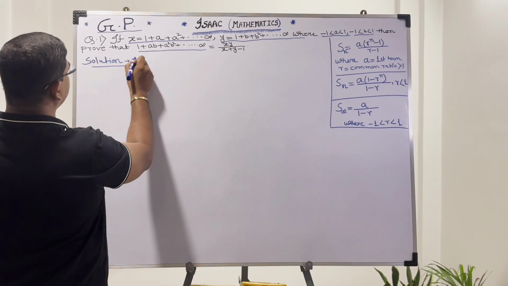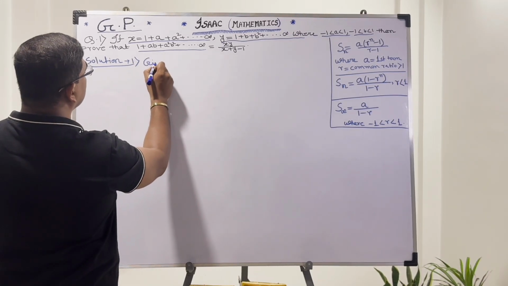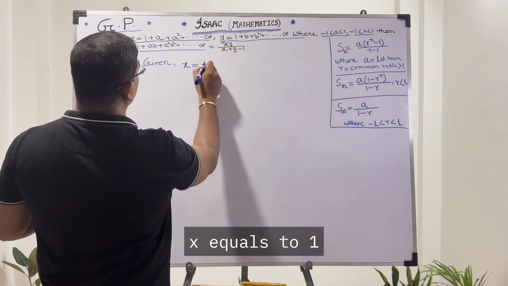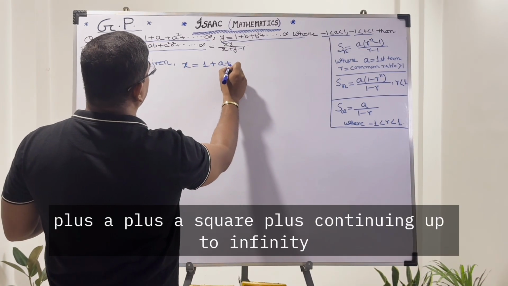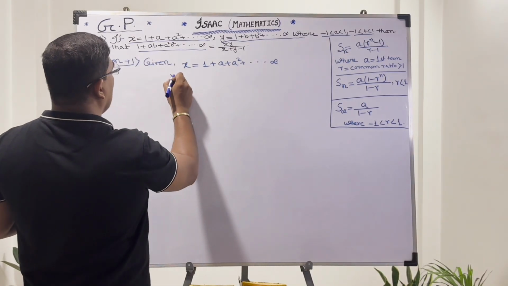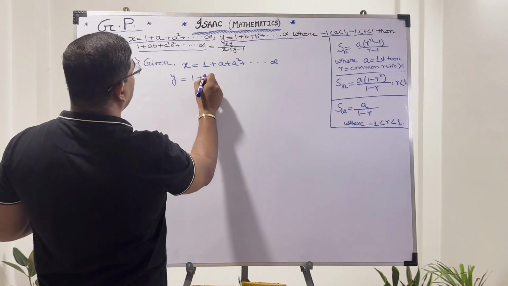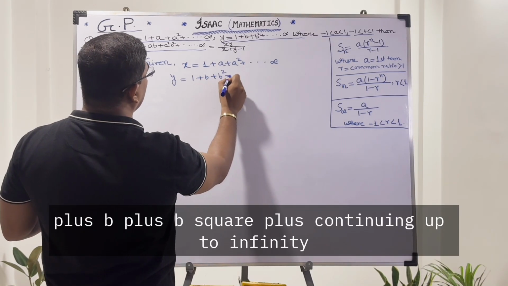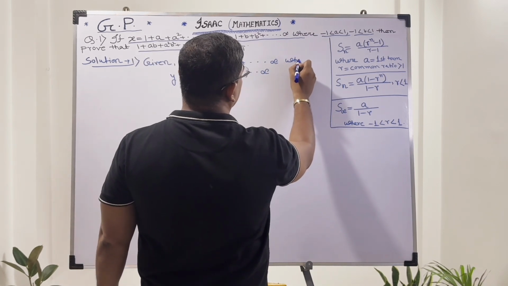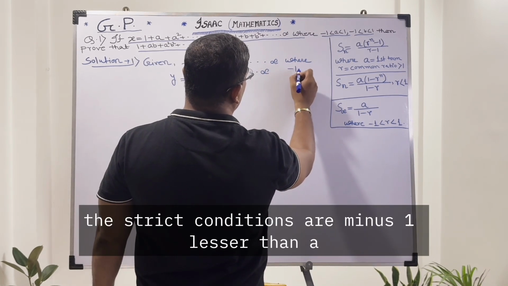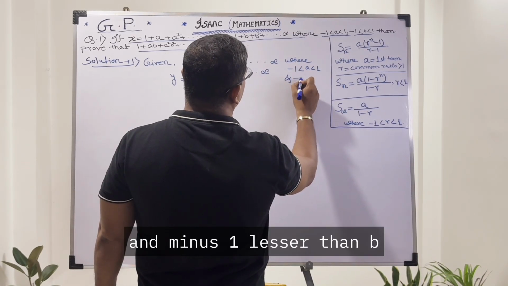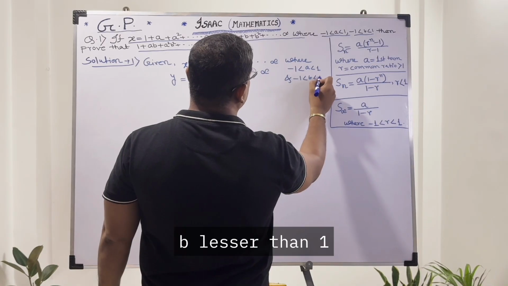Solution 1. Given x equals 1 plus a squared plus continuing up to infinity, and y equals 1 plus b squared plus continuing up to infinity, where the strict conditions are minus 1 lesser than a lesser than 1, and minus 1 lesser than b lesser than 1.